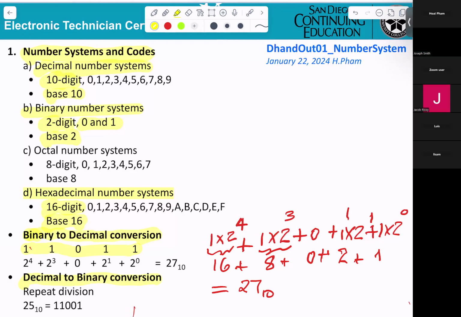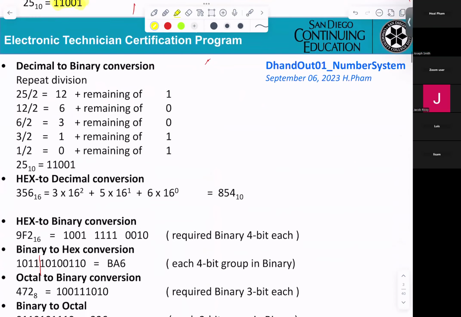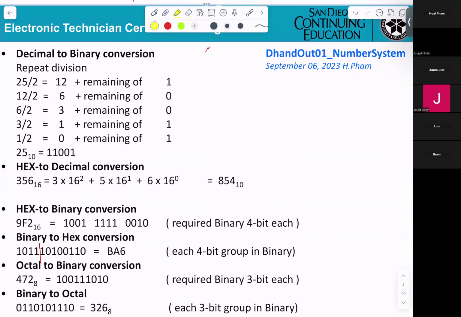If you get a number 25, base 10, and you want to know what the binary is. Right now you see the binary 11001. This is how they show you how to do it.